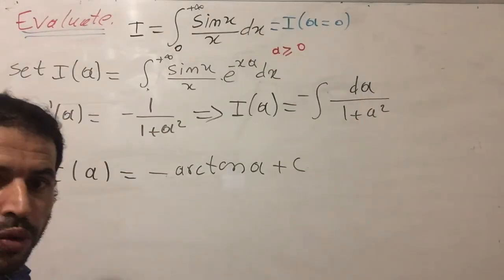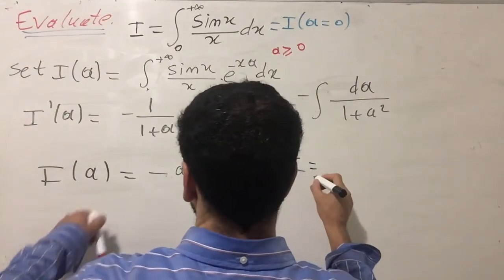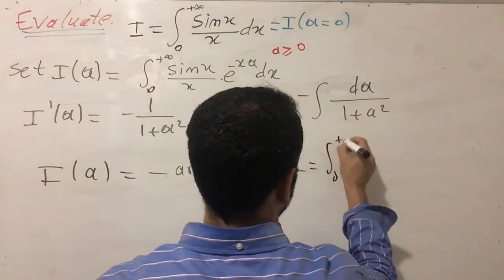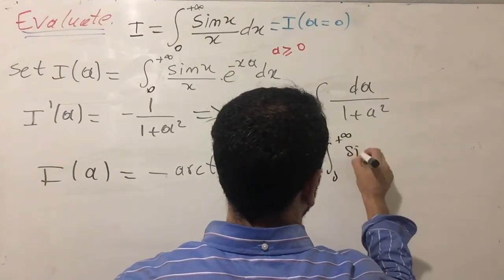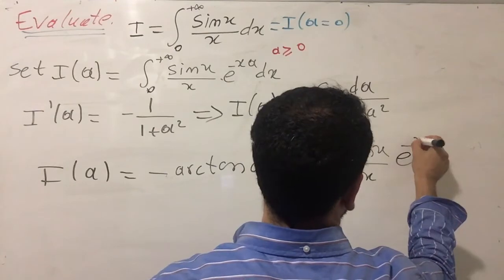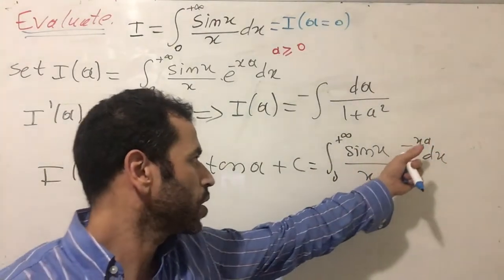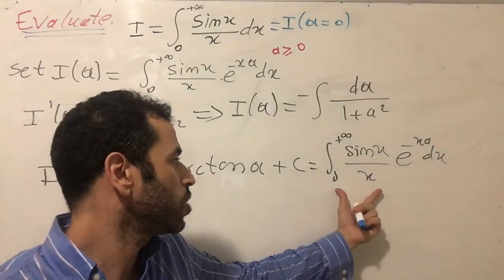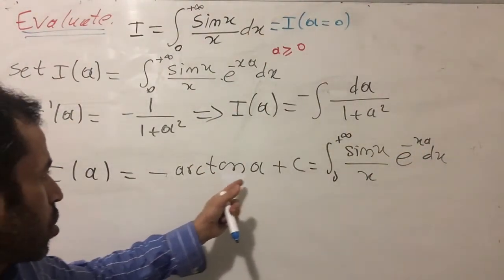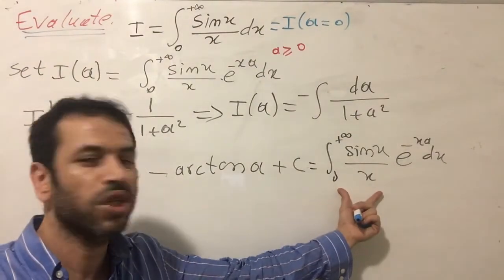So now what I'm going to do is find out the constant. This is equal to this expression from 0 to plus infinity, sine x over x multiplied by e to the minus xa dx. If you plug 0 into a, it takes you back to the original integral, then arctangent 0 plus c, that means c equals this integral, which doesn't make any sense.